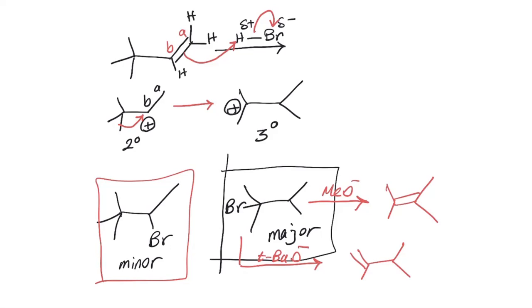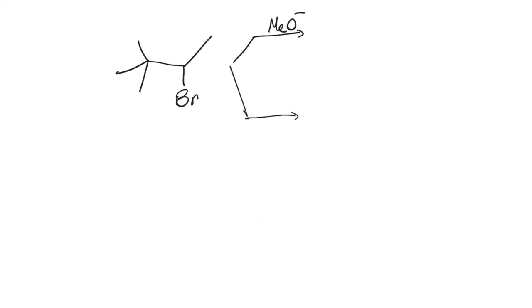Can you repeat the question? For the minor product, for this product. Let me go to the next slide. This was the minor product of that reaction, right? Now, if I add methoxide, if I add tertiary butoxide, give the major product.